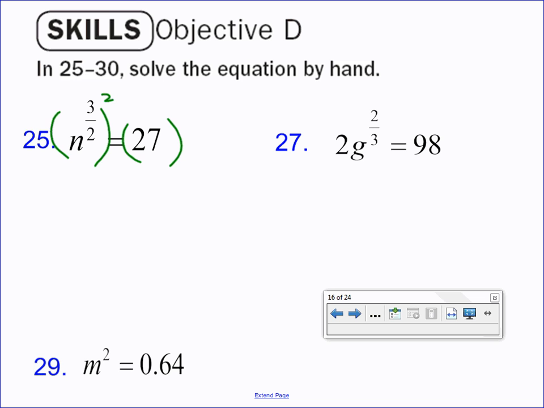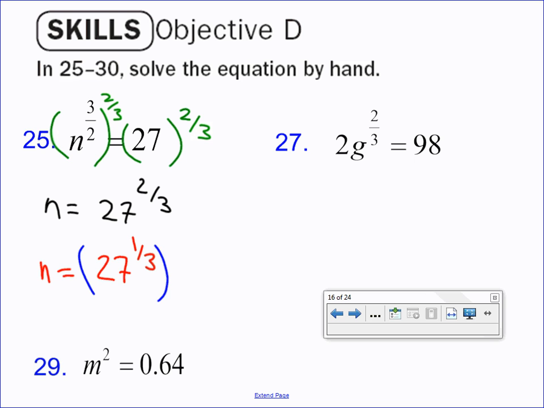So let's everybody do that. To the 2/3, to the 2/3. That means that n equals 27 to the 2/3. We can evaluate that exactly without a calculator. How do we do that? We purposely choose to apply the denominator of my rational exponent as an nth root first, that is 27 to the 1/3, and then raise it to my numerator exponent, the second.